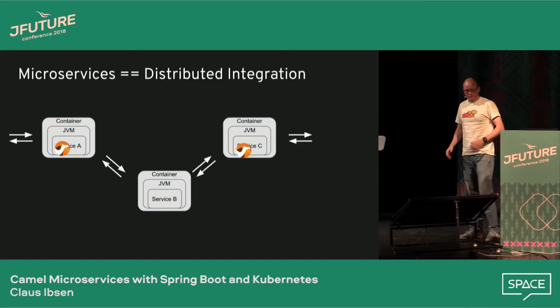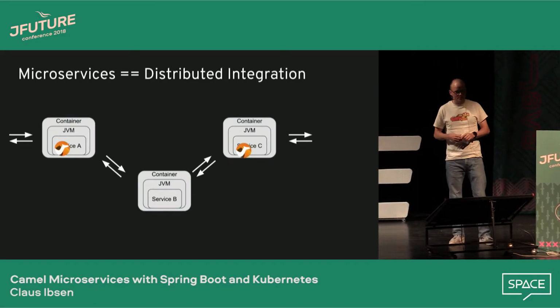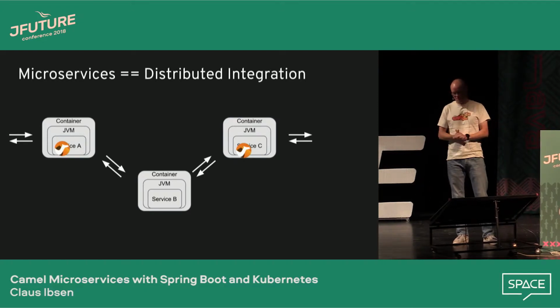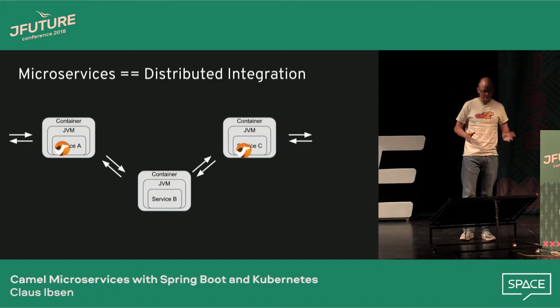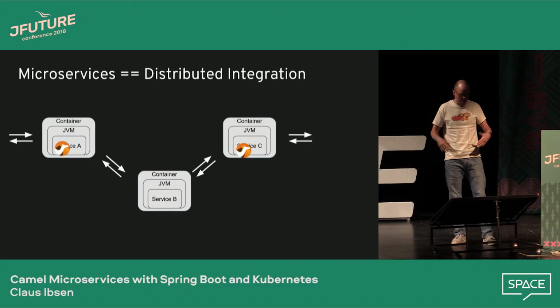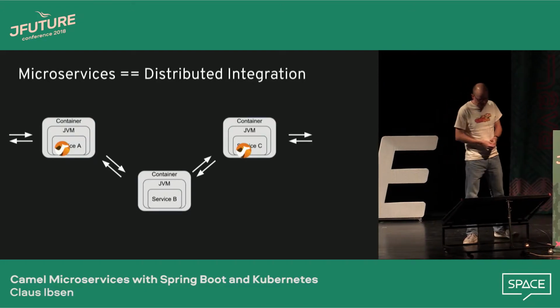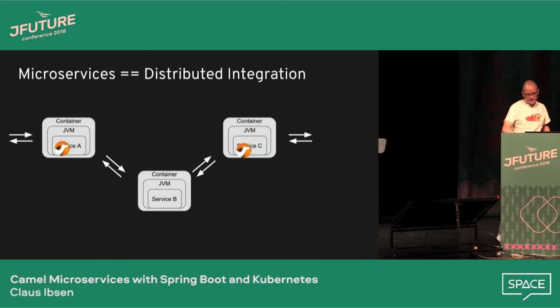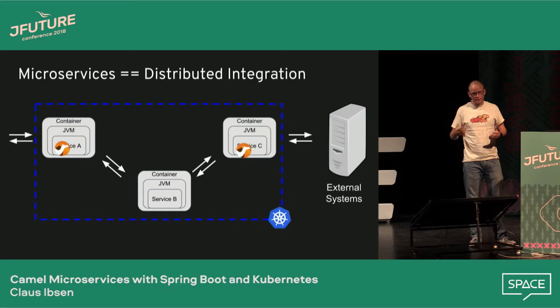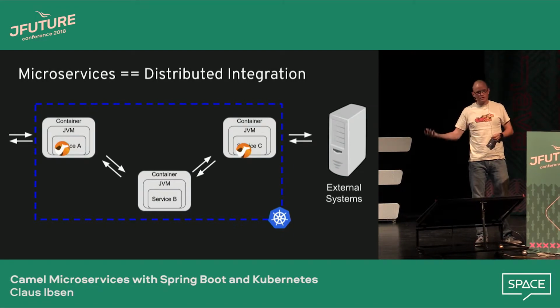When you talk about microservices that are distributed, and when you have integration needs, then you have distributed integration. The idea with Camel is that you only take Camel where you need it. For example, here we have 3 services, A, B, and C, and it only makes sense to use Camel apparently in A and C. For example, in service C, you may need to communicate to an external system outside the platform or the cluster.